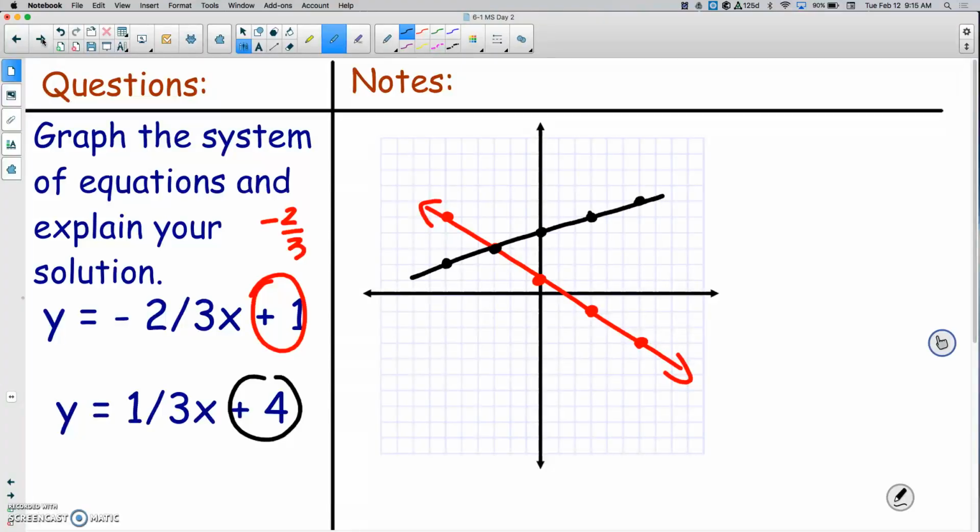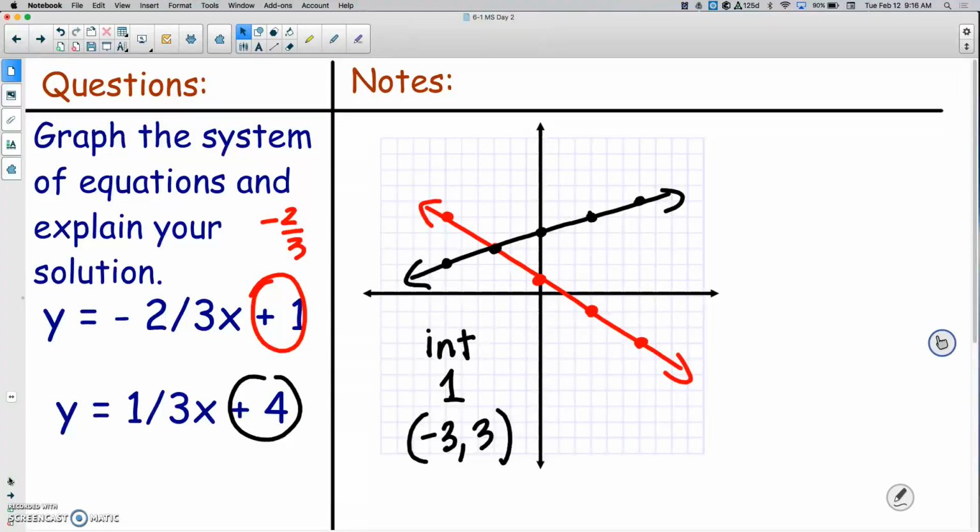Right there. So intersecting, one solution, and that ordered pair is to the left 3, so -3 for the x coordinate, and then up 3, so -3, 3. And that was our last example. So hopefully you understand how to graph the lines and solve the system.